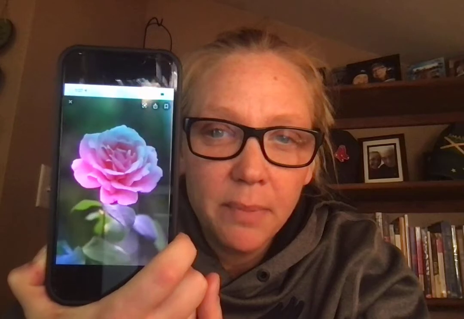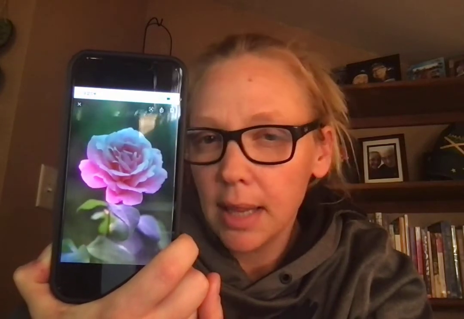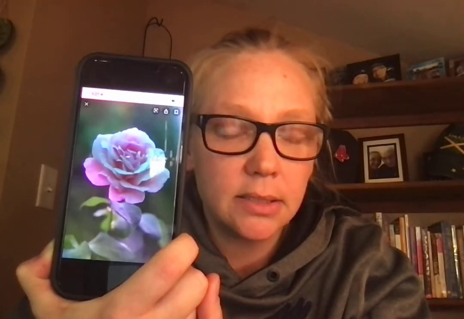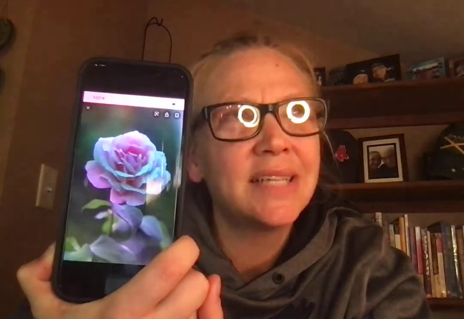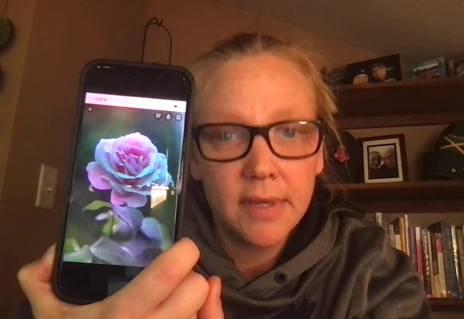Last one, pretty picture of a flower. Is a flower a living thing or a non-living thing? Does it need something in order to survive? It does. Flowers need air and water and sunlight, so it needs something to survive.